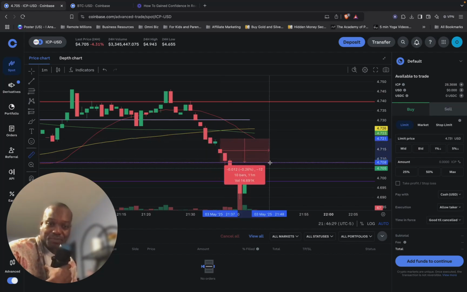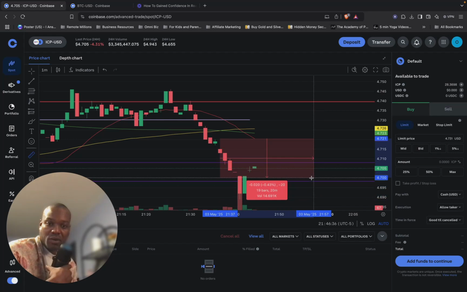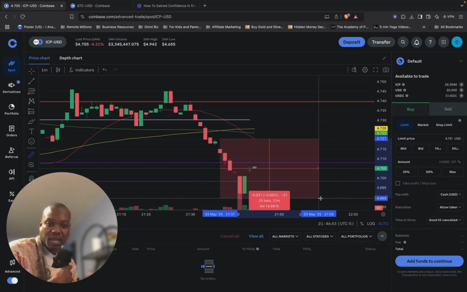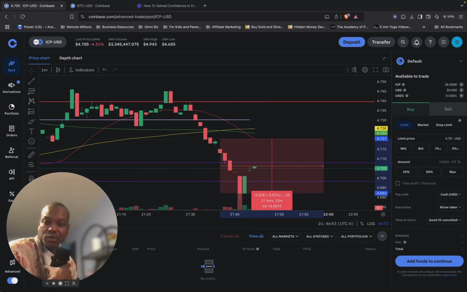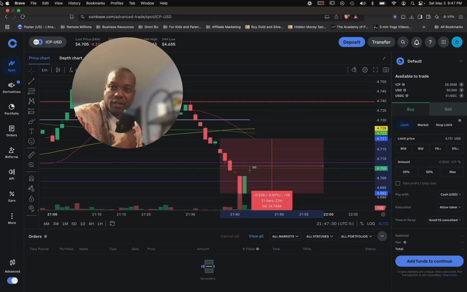Then it would have gone down here, and once it went below here, I would have let this keep going a little bit, and then I would have got out. So let's say not all the way down there, but right here. 28 cents to the dollar is what I would have earned.